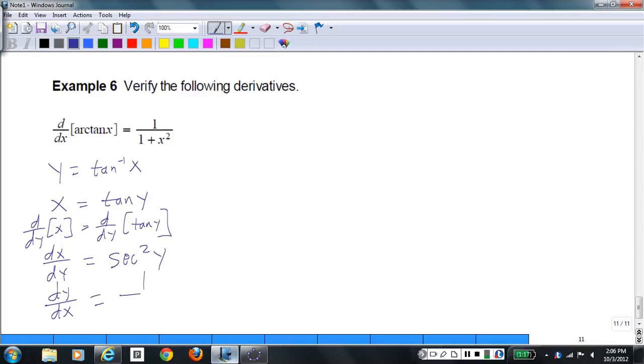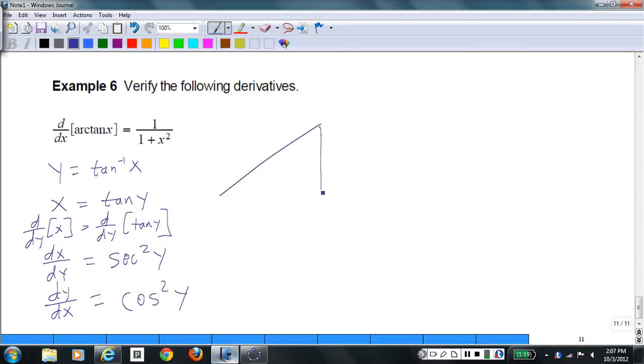It would seem to make sense just to call that cosine squared y since I'm taking the reciprocal, but I'm going to call it 1 over secant squared y. No, I'm going to call it cosine squared y and see what terrible thing happens, because it just seems like the natural thing to do.